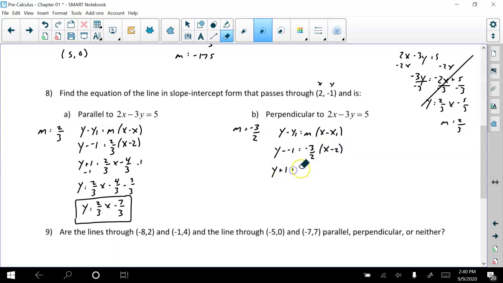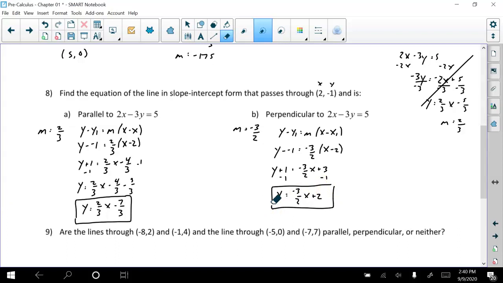Y plus 1 equals negative 3/2 x plus negative 3/2 times negative 2 is a positive 3. Subtract 1 from both sides. y equals negative 3/2 x plus 2. And there's the equation of our line in slope-intercept form.